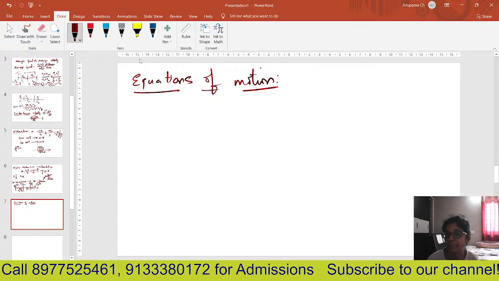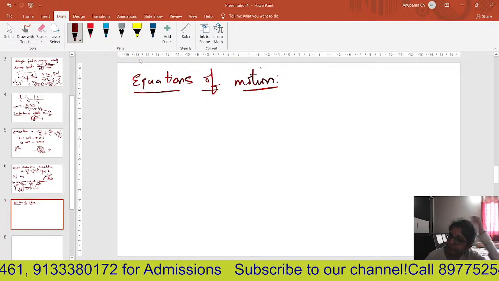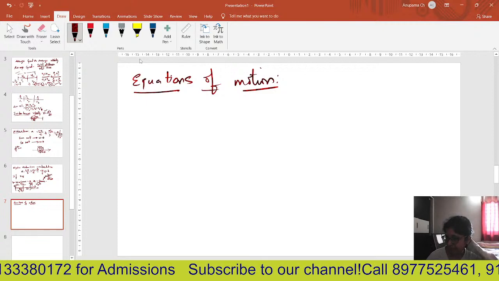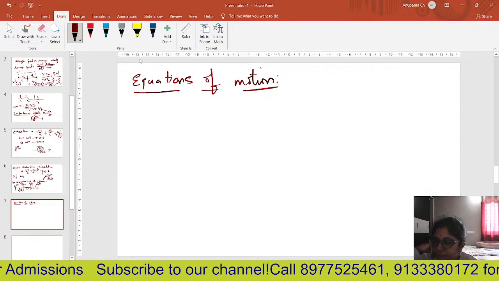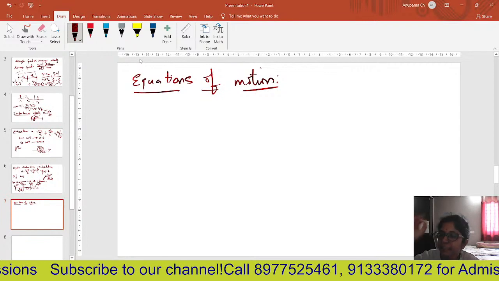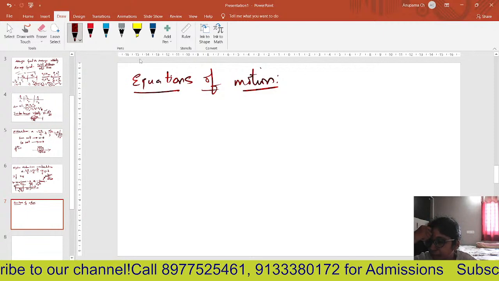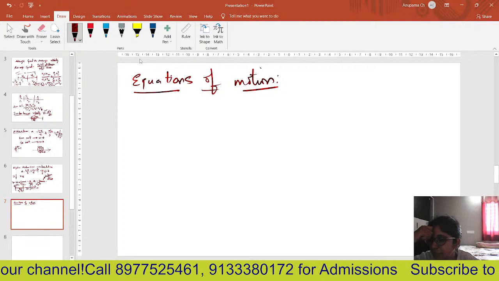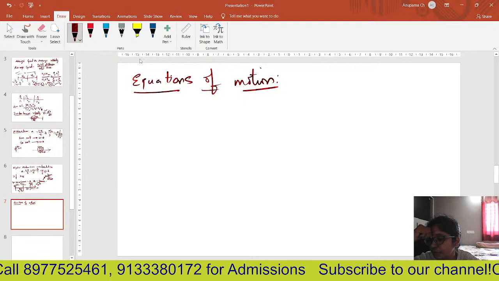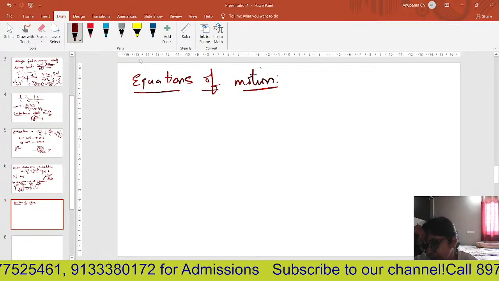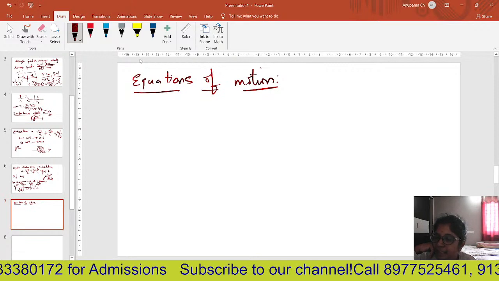Only three, Karthik, but I think there are four. Can anyone write the three equations of motion you have learned? Karthik wrote one, but that is not correct. That should be s, not v. Hasini, that is not v. That is s. s equals ut plus half at square. Yes, Shaikh, that is 4.